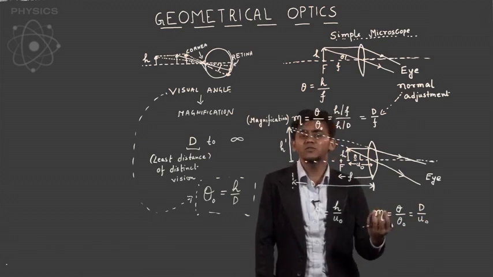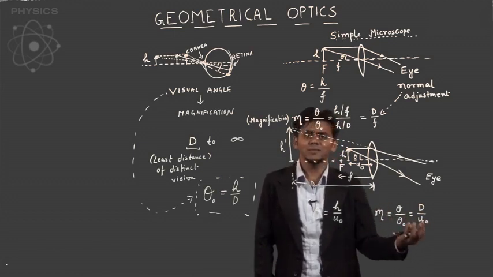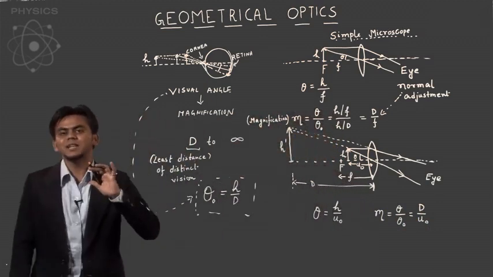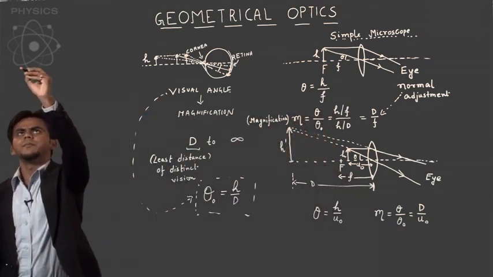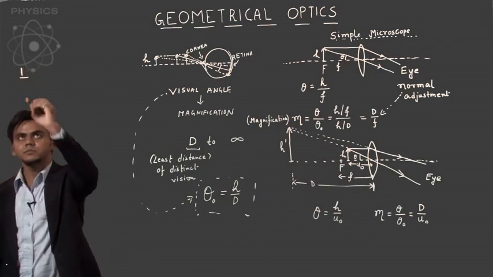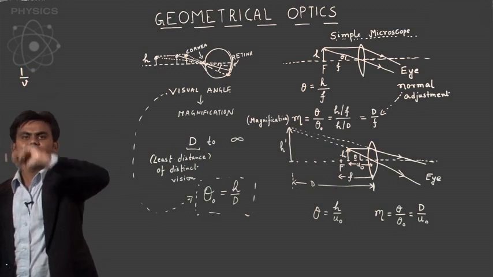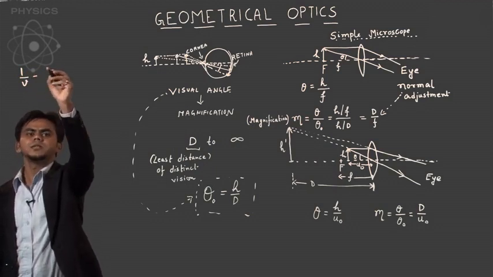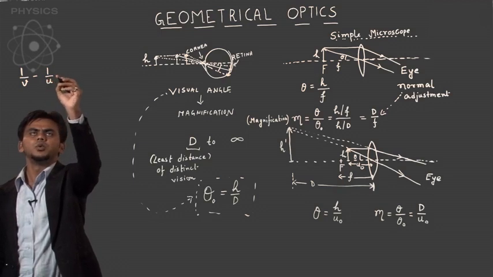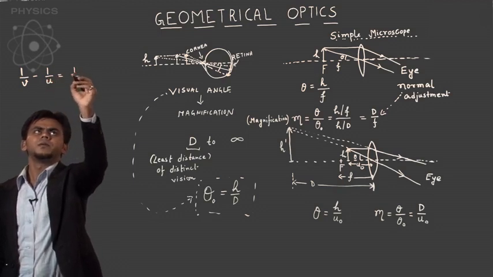So I'll have to use my lens formula to understand what exactly u naught is. Let's use that. I know my lens formula very well: 1 upon v minus 1 upon u is equal to 1 by f.